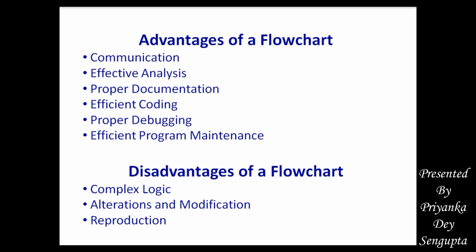Efficient coding. Flowcharts act as a roadmap for programmers. It gives a clear idea to the programmers about how to write the program. Proper debugging. Using a flowchart, we can systematically detect, locate and remove the mistakes from the program. Efficient program maintenance. The maintenance of a program becomes easy with a flowchart.